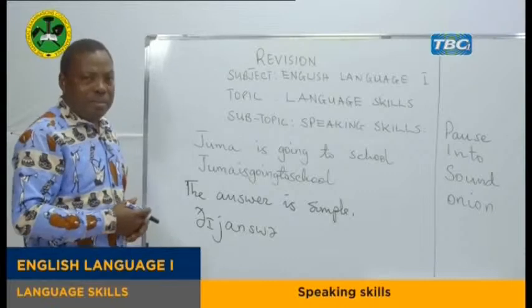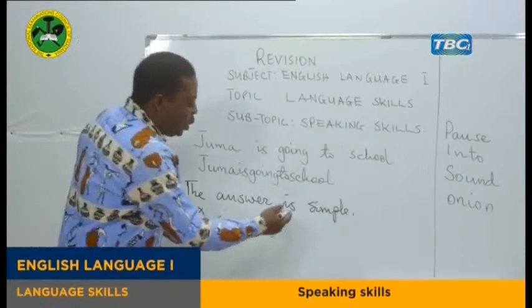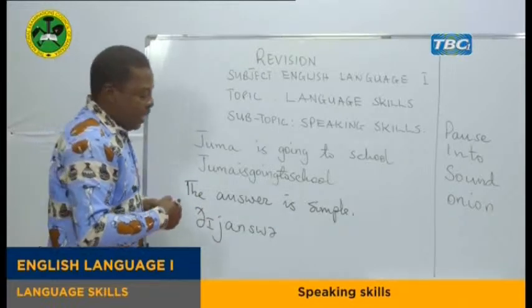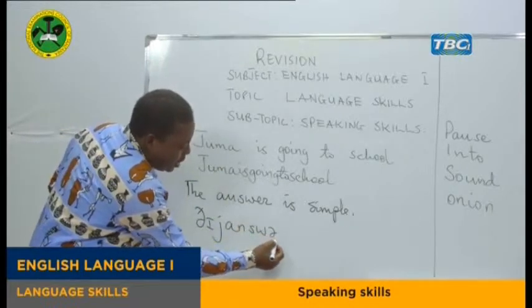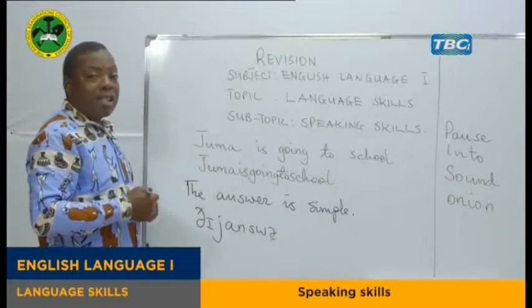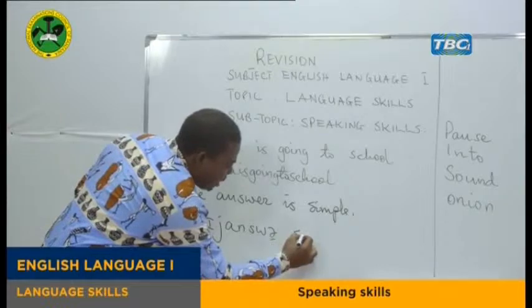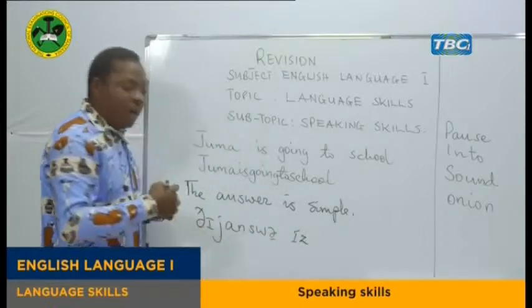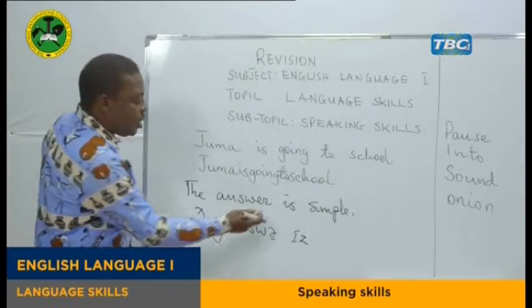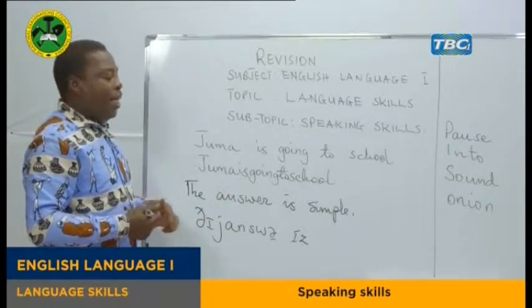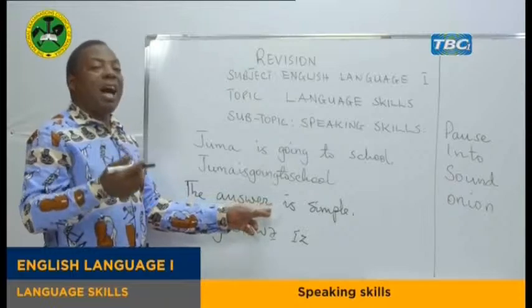The answer. Now, if we are to connect it with the following word, since this word ends with a vowel sound, and the following word starts with a vowel sound, and as long as this word ends with the letter R in its spelling, then this R has to sound.